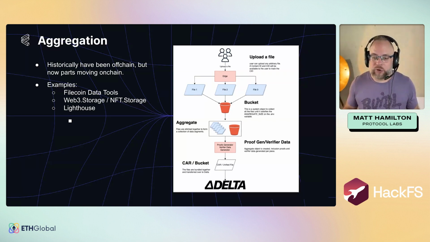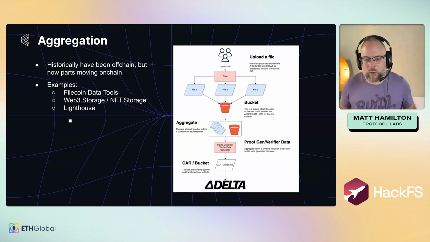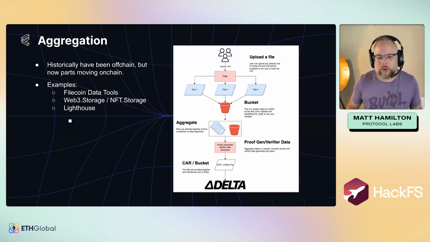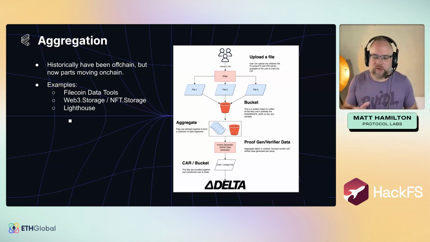It generates a proof, and I'll talk about what that proof is used for towards the end, and then creates a car file, which is then passed to a tool called Delta, which is another part of Filecoin Data Tools that actually will make the storage deal. Think of Edge as the HTTP microservice that you can interact with via HTTP, and it does certain things like aggregation and allows retrieval of the data before passing it to Delta for storage.